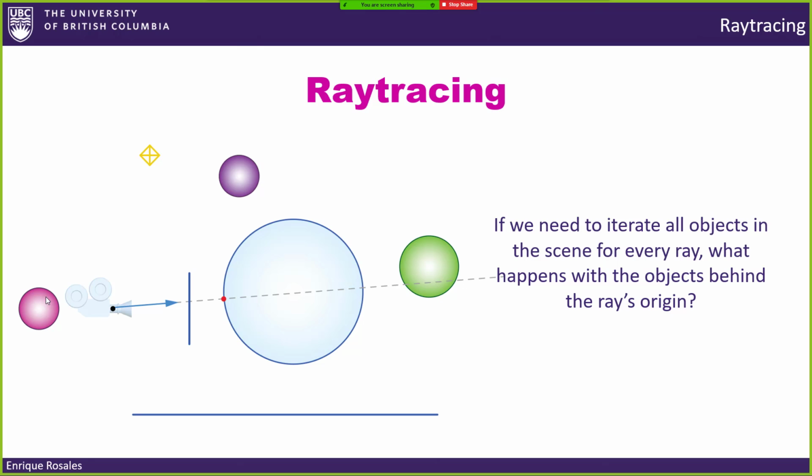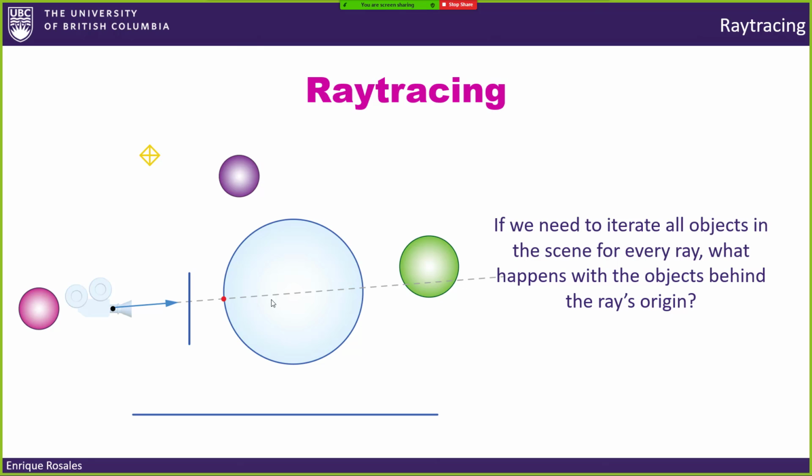Because we know that the general concept of ray tracing is that for every pixel on my image, I need to cast a ray, right? But that ray needs to iterate over every object in the scene, right? So what happens with objects that are behind the camera?